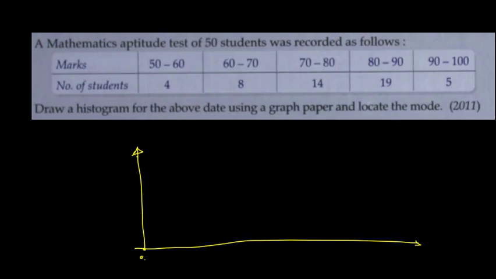So in that case you will use one kink here, and after 1 centimeter you start with value 50. After 1 centimeter your value is 50, then 60, 70, 80, 90 and 100. Along the y-axis the maximum value is 19, so 2, 4, 6, 8, 10, like that you can draw along the y-axis as you have done in the previous example. In the same way you can do this problem also.